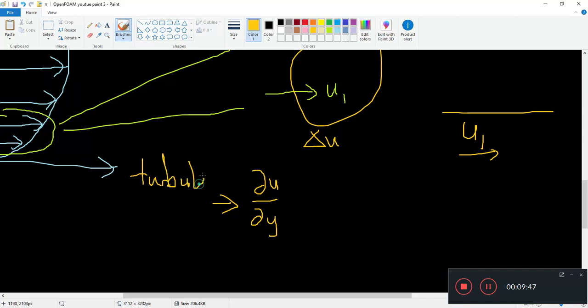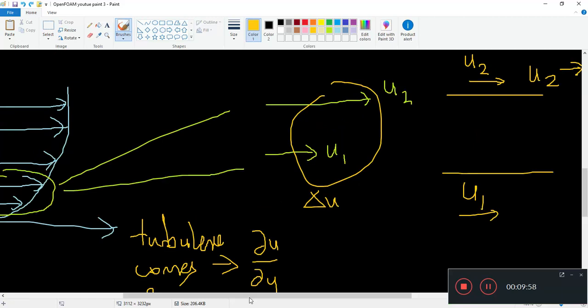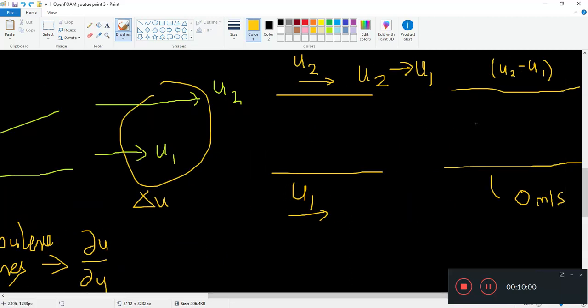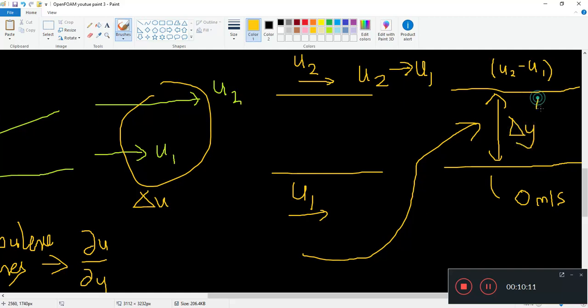Turbulence comes from here, and the argument was this: if we try to have a characteristic Reynolds number for this flat plate system, the characteristic length scale will be delta y, and the characteristic velocity is delta u.